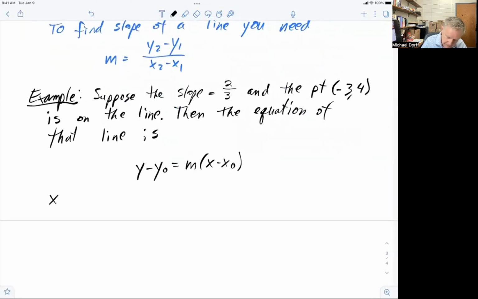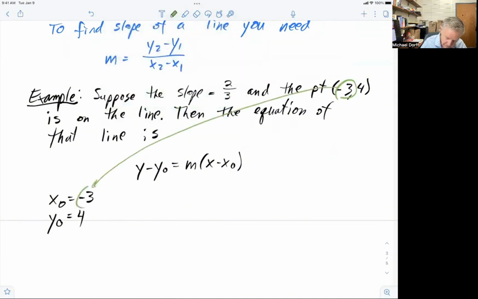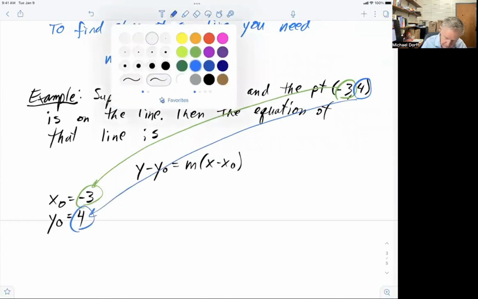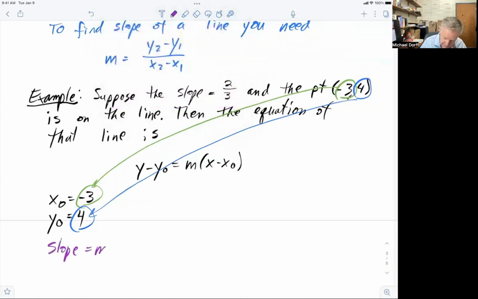So here x naught is negative 3, y naught is 4, and those come from here. The slope is m, and that is 2/3, and that comes from here.